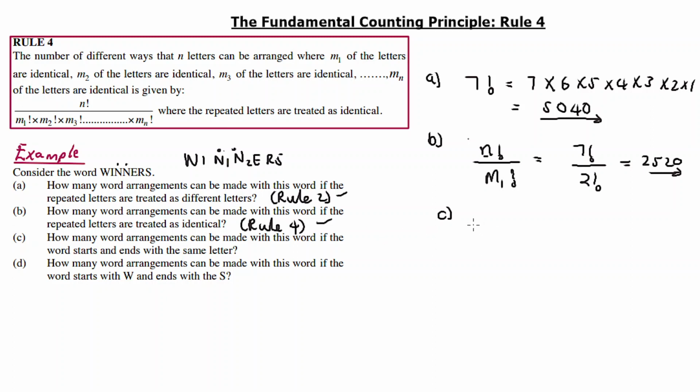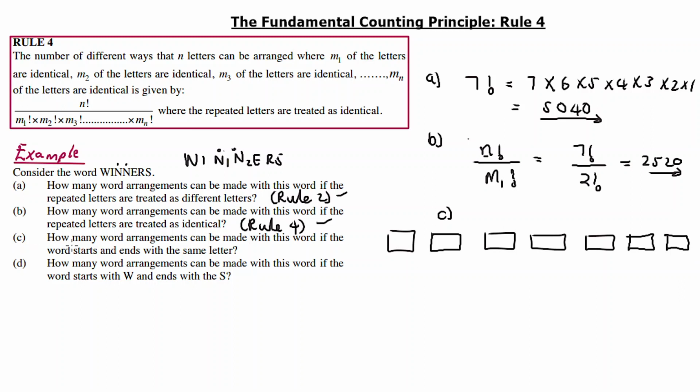Look now, there are 7 letters, so 7 blocks, 1 2 3 4 5 6 7.